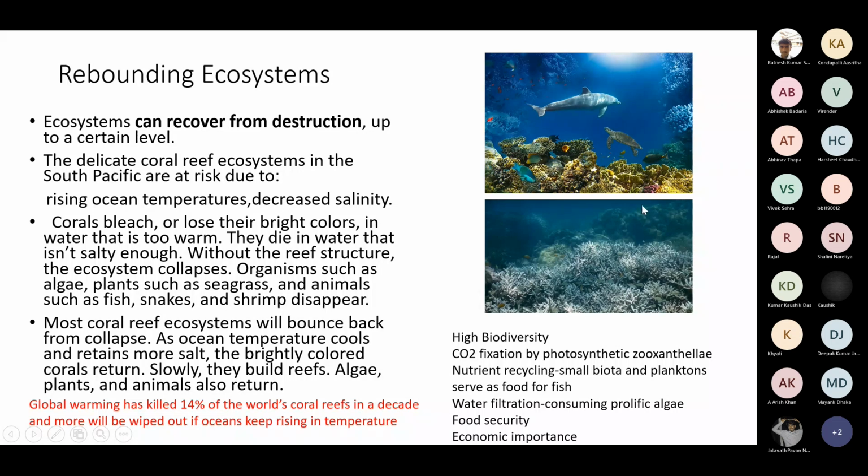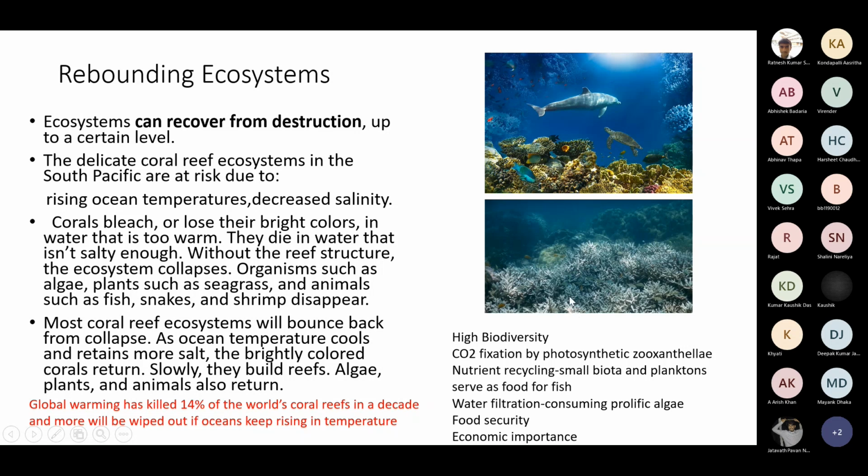So they are no longer brightly colored as they are in a normal coral reef. Also, because of decreased salinity, because sometimes in those coastal areas there is a lot of water discharge from industries or whatever, the normal salinity also goes low, as a result of which these coral reefs undergo bleaching, they lose their colors.